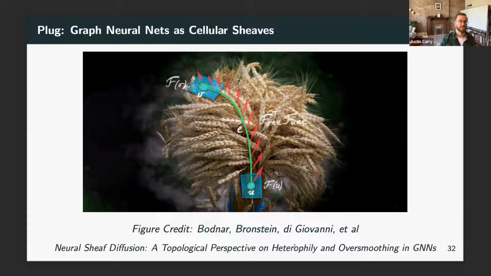And they're able to prove some really cool results about overcoming some problems in neural nets, all just by using cellular sheaves on graphs. And there's a nice blog post about this if you're curious.